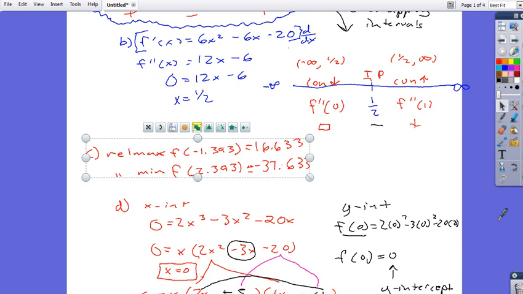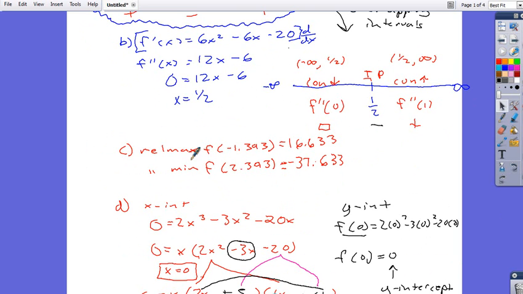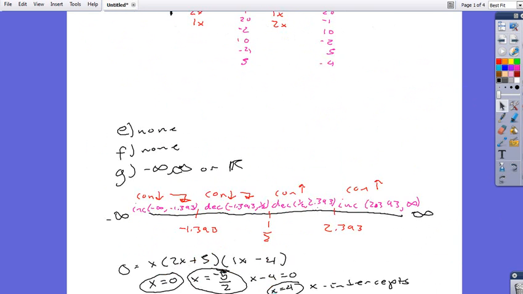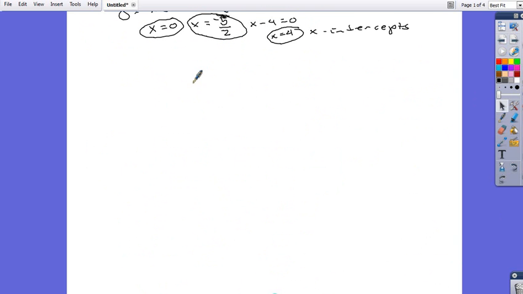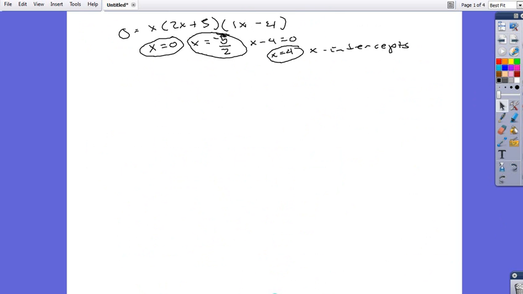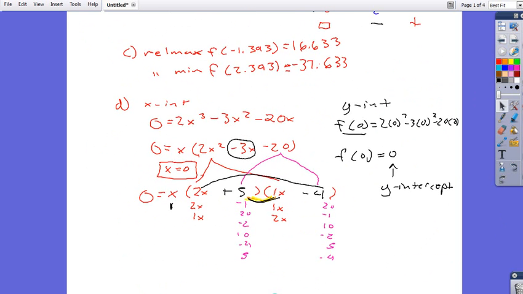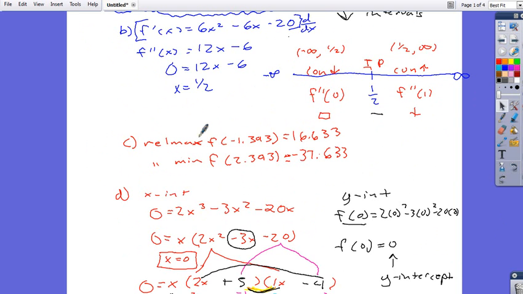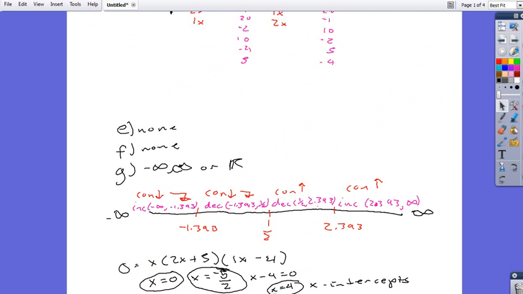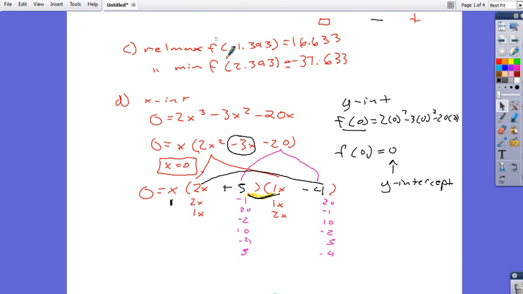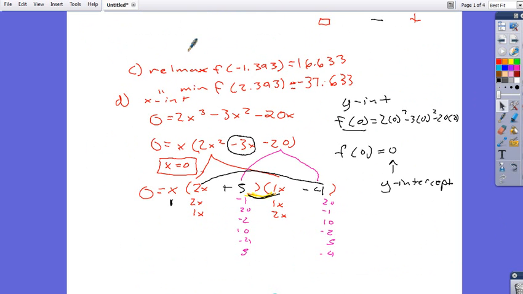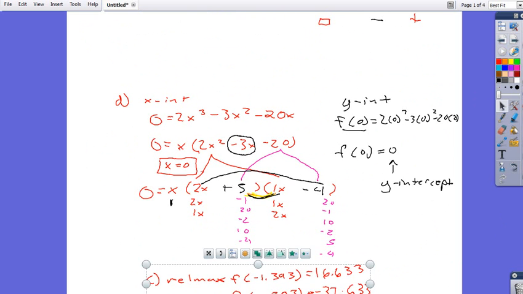Alright, so I'll paste it down here. Oh, I guess I have to drag it. I'm trying to use technology over here, guys. I'm sorry. Alright, so here, bringing down the relative max and min information.